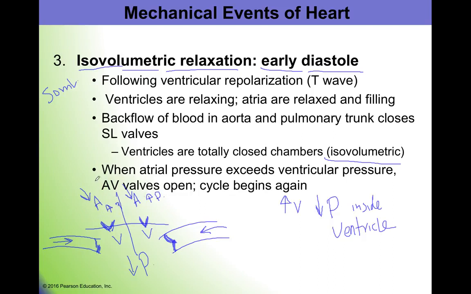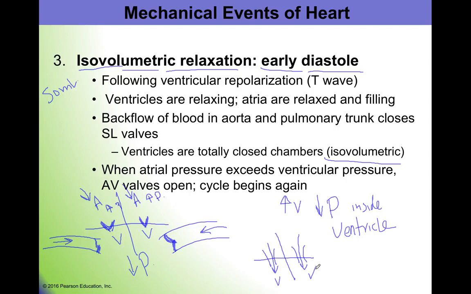When pressure in the atria becomes higher than the pressure in the ventricles, then what are you going to do? Pop these valves open. So what you're going to see again is valves open, valves open. Blood is going to flow down to your ventricles, and now you're going to have basically the normal filling of the ventricles.